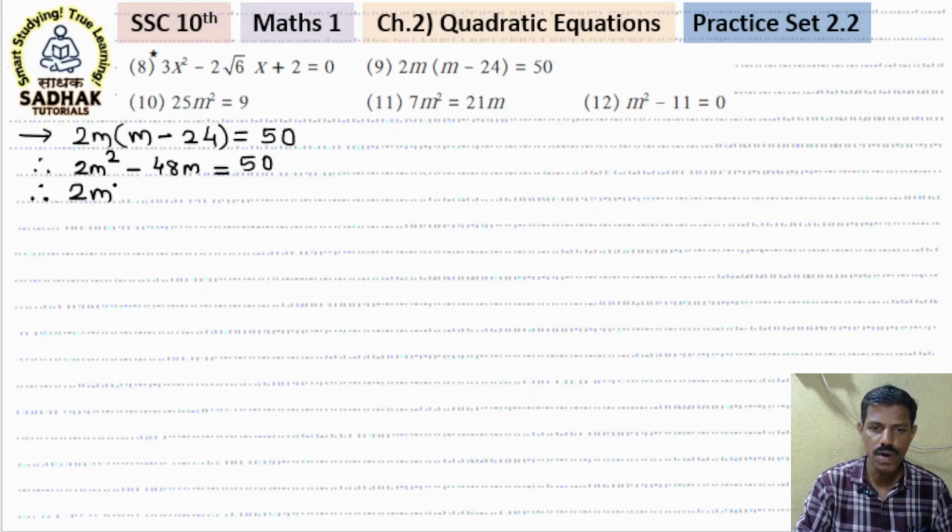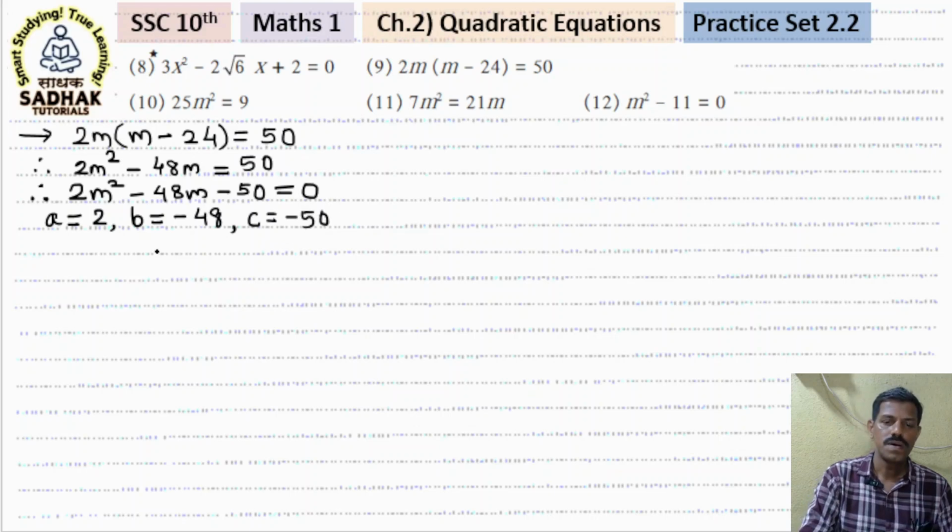So that will be 2m square minus 48m minus 50. Okay, when this plus 50 comes on the left hand side, it will become minus 50 is equal to 0, right? Now when we compare this with our standard form, we will get that the value of a is 2, the value of b is minus 48, and the value of c is minus 50.